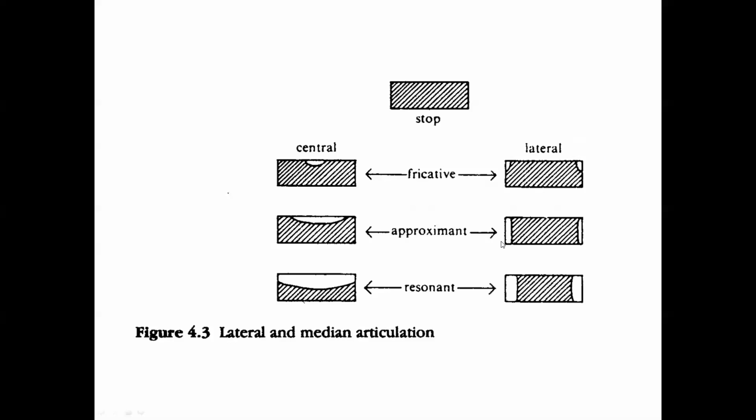You can also have an approximant like L, where we have our tongue like this with the air on each side. Our tongue tends to be right up there in the middle, blocking the airflow down the center. And some resonants it is possible to produce laterally, although we do not do that in English typically.